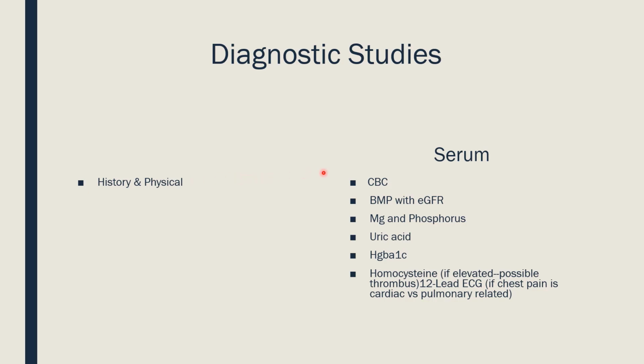Routinely, what is checked is their complete blood count, where you will see their WBC, hemoglobin, hematocrit, and platelets. Then with the BMP, we're looking for their electrolyte levels. We're also looking at their magnesium and phosphorus levels, just to check if there are any electrolyte imbalances. Hemoglobin A1C is to check for any presence of diabetes. And uric acid is to check for any presence of gouty arthritis.